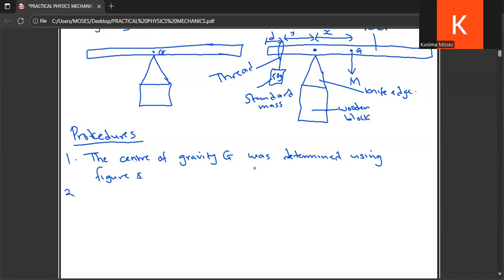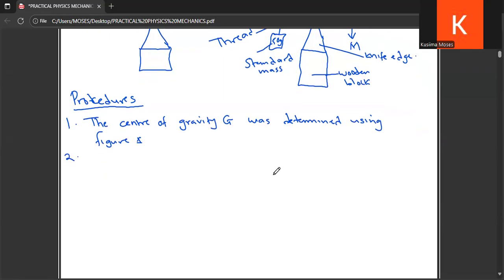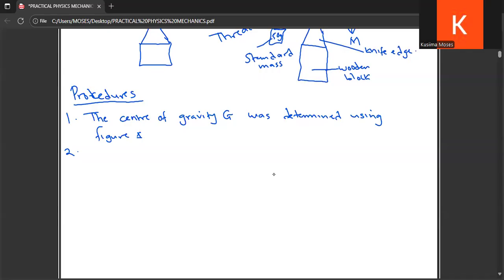That is our first procedure in past tense. Then procedure 2: the apparatus were arranged as shown in figure 2.